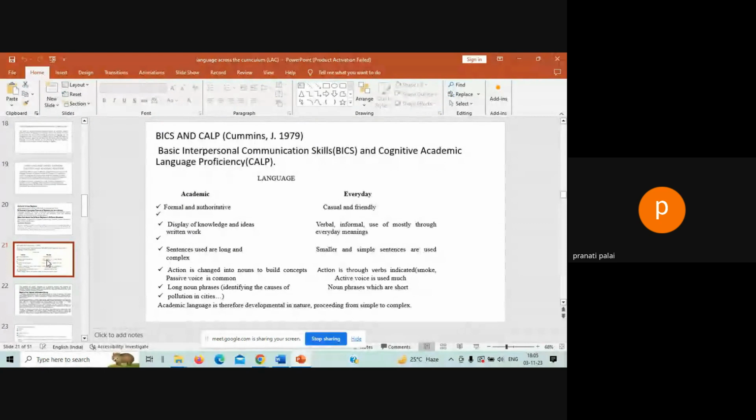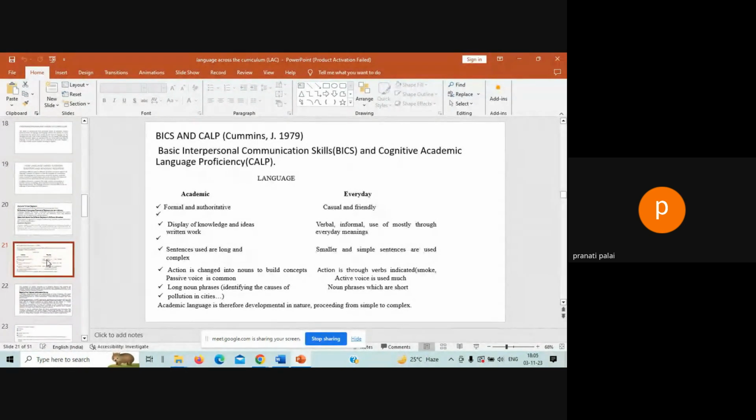So the child will take some time, and it is the responsibility and duty of the teacher to correct the mistakes of the child and give proper feedback so that the language of the child will develop in a systematic way. So the language of the child will proceed from simple to complex.